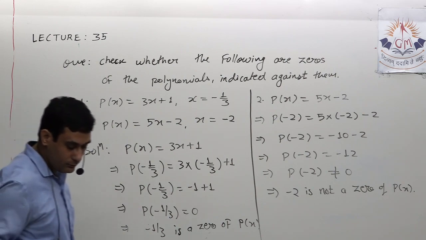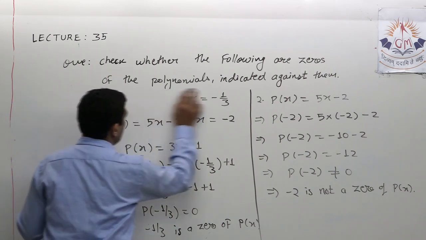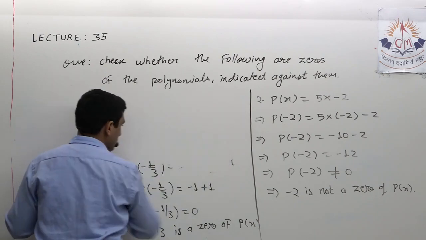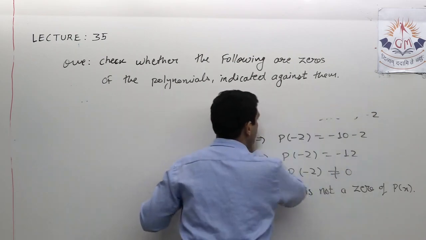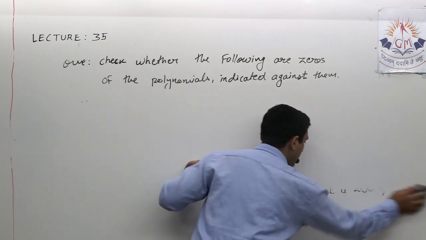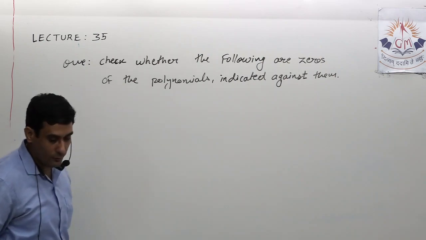Okay, now next we'll see the third question. Again we have to identify whether the indicated value is a zero of the given polynomial or not.